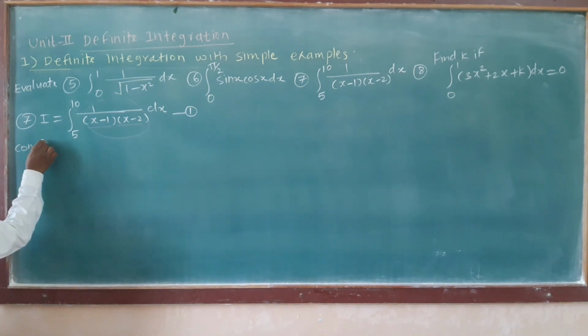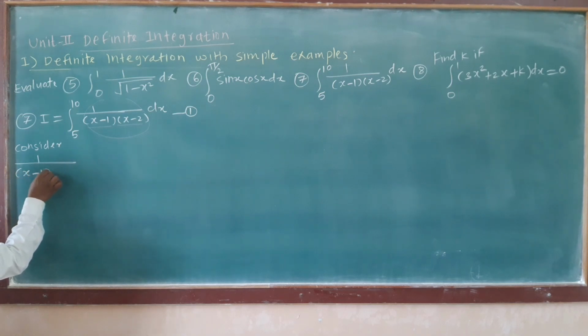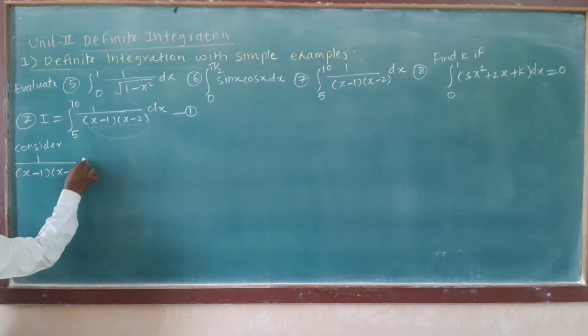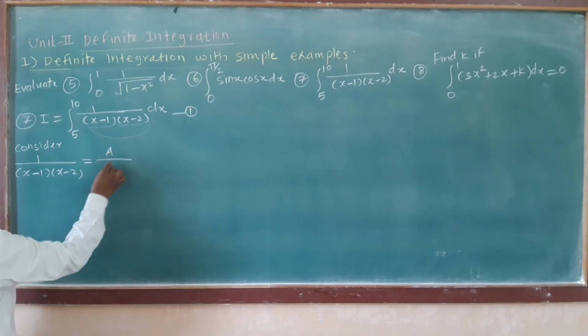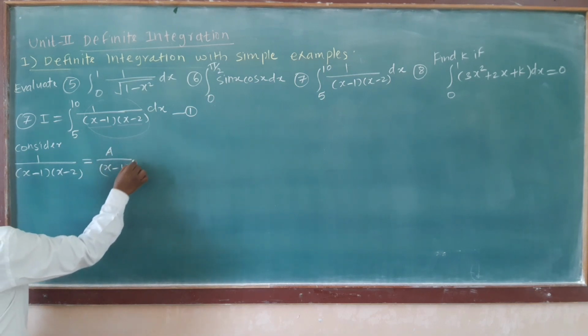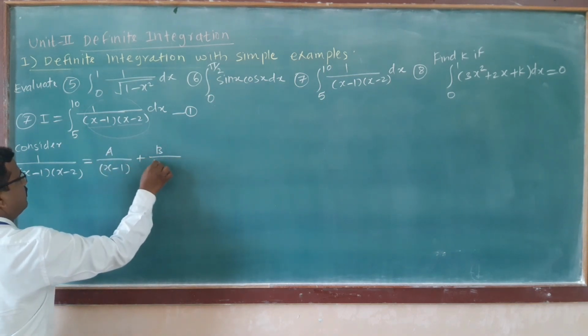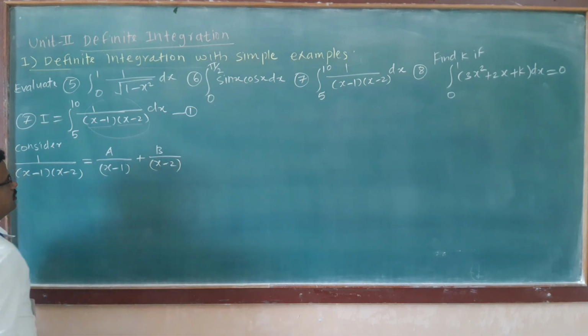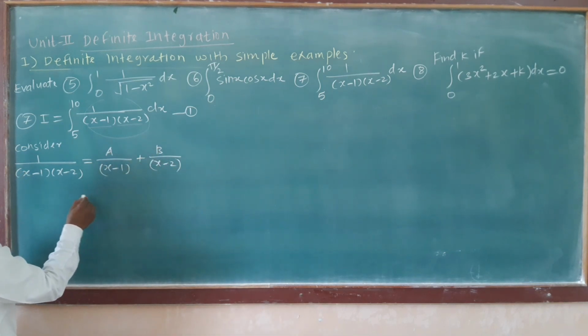For that, consider 1 upon x minus 1, x minus 2, which is equal to a upon x minus 1 plus b upon x minus 2. We determine the values of a and b.